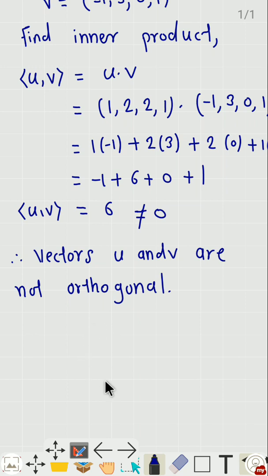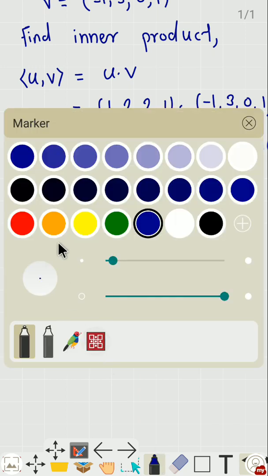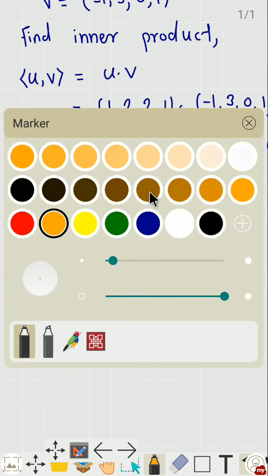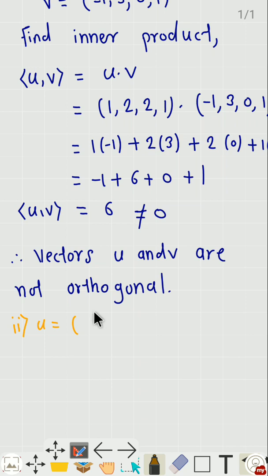Okay, so let us take the next, the second set of vectors. Vector u is equal to (1, -2, 1, -1), and vector v is equal to (-5, 2, 4, 3).